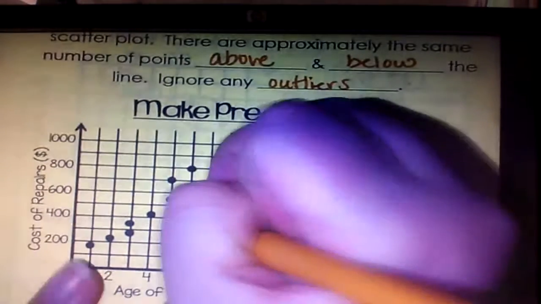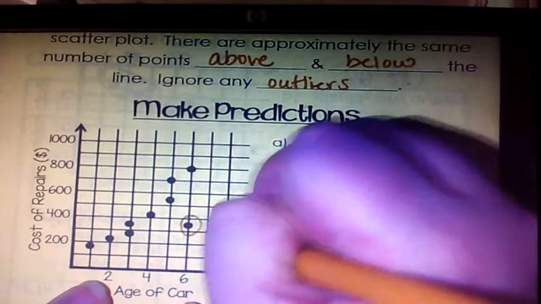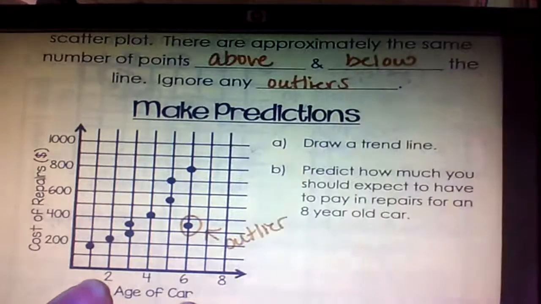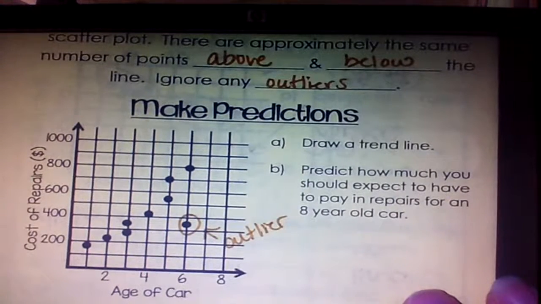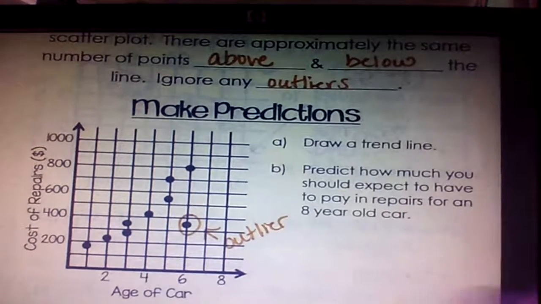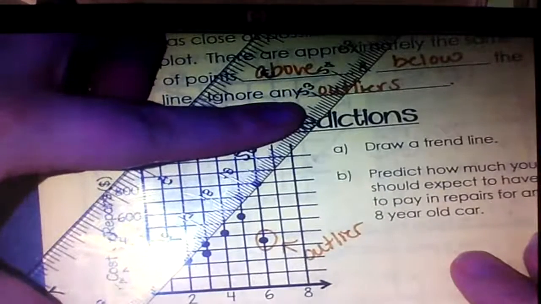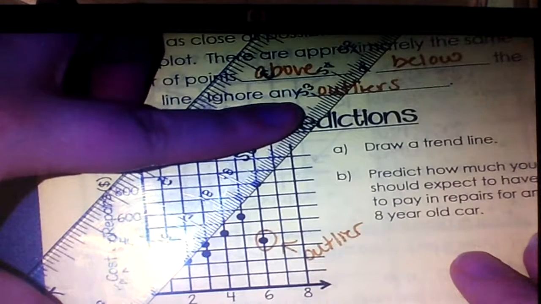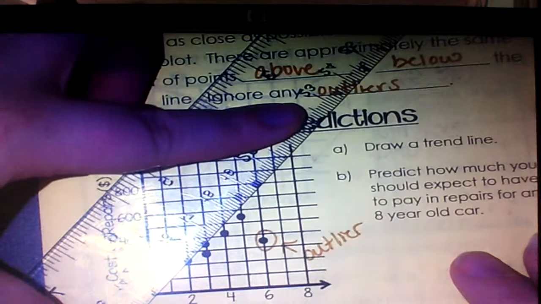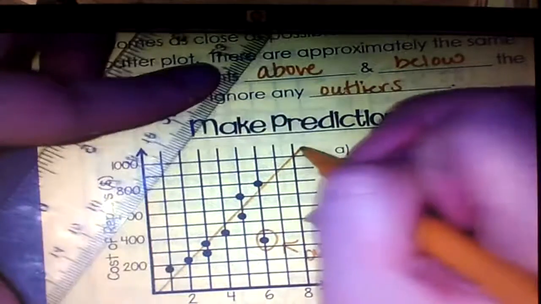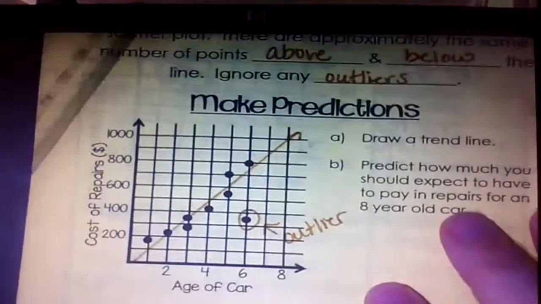So we're going to identify this as an outlier. When I draw my line of best fit, I want to try to have as many dots above my line as below my line. So when I go to draw this, I'm actually going to draw mine probably about here-ish.